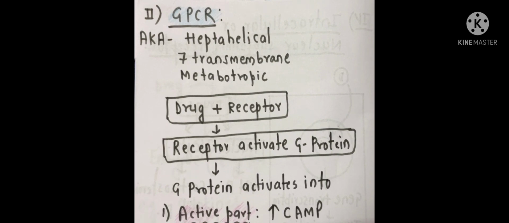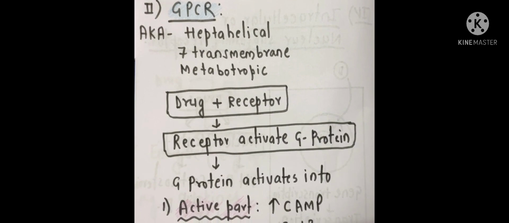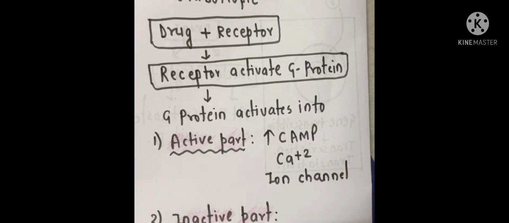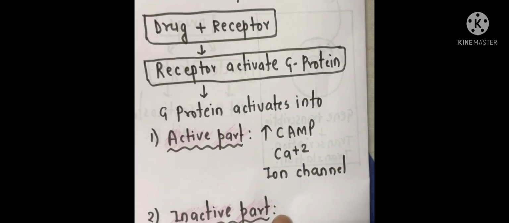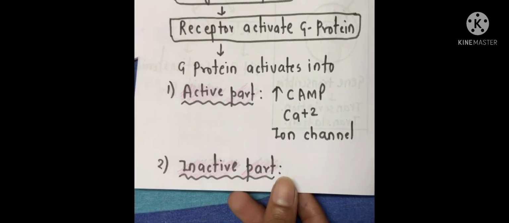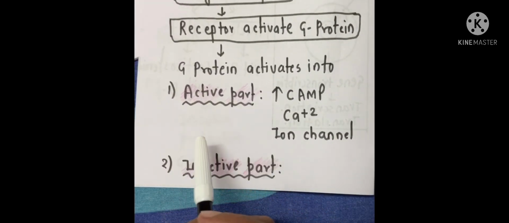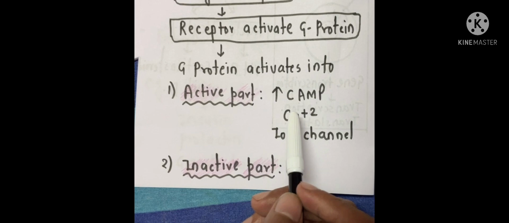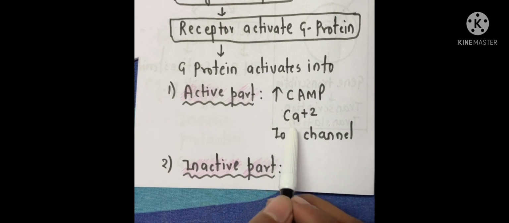Events that occur with this receptor are: the drug binds to the receptor, this receptor then activates the G protein, and this G protein is then broken down into 2 different parts. The first part is the active part, while the second part is the inactive part. The active part acts either through increasing cyclic AMP, or through calcium channels, or through ion channels.